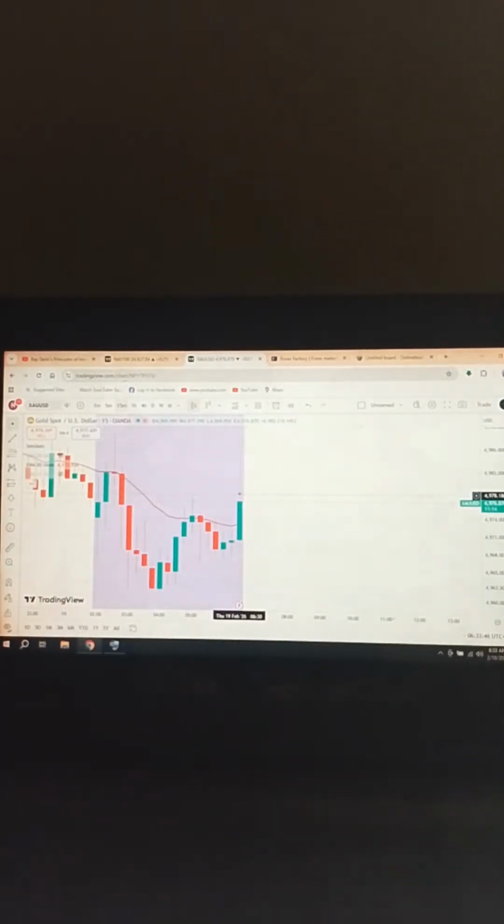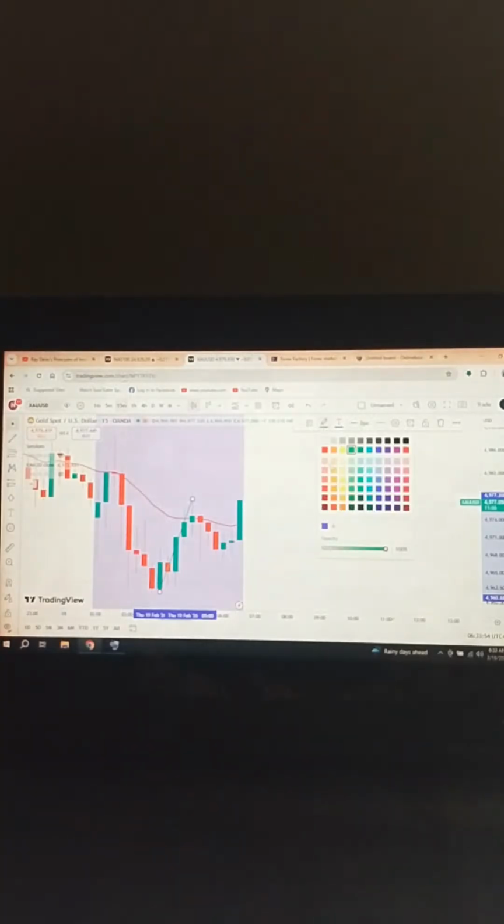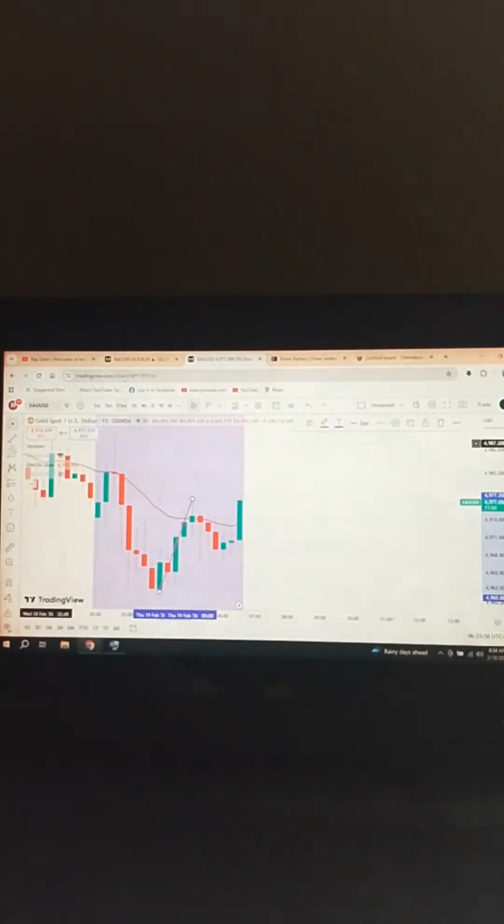This is kind of like a W pattern. I don't know if you can see this, guys. I think it's kind of like a W pattern like that.